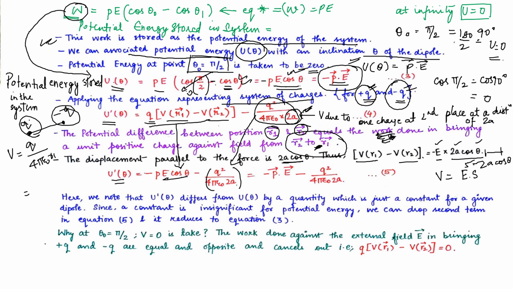Now pE cos theta is converted to p dot E. See, we have seen this from the first equation of this page, equation number 3. I have written it here. This value came from equation number 3. Minus q square by 4 pi epsilon naught, this term as such over here. Okay.